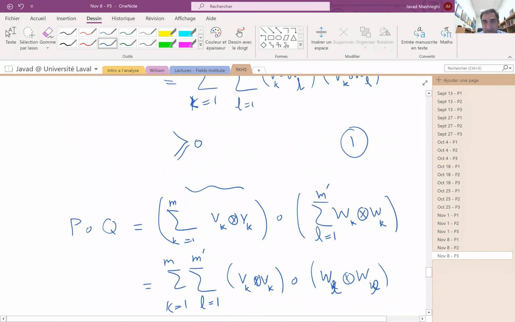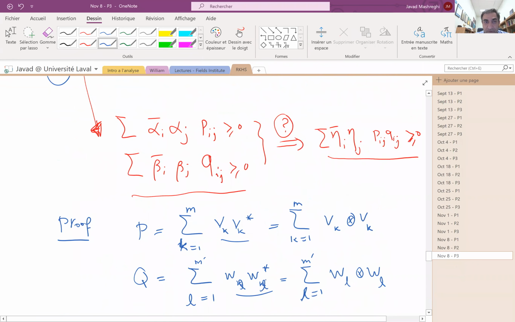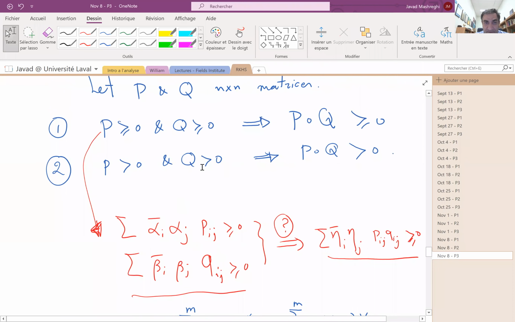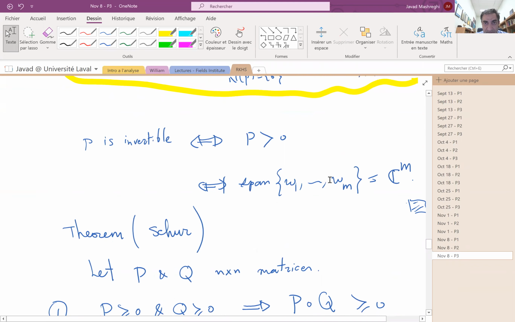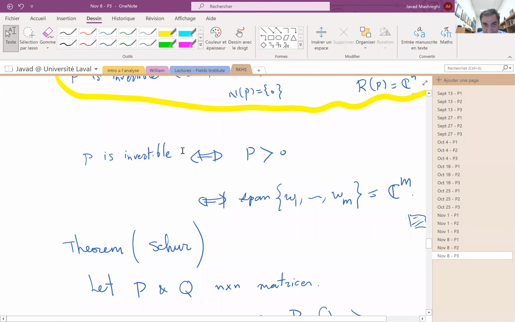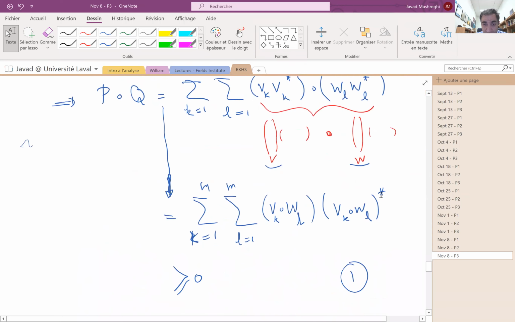the second representation. For the second, if both of them are positive, then why the Schur product is positive, we use this one. P is invertible if and only if the span of the vectors is the whole space. And our vectors now, we know what they are.